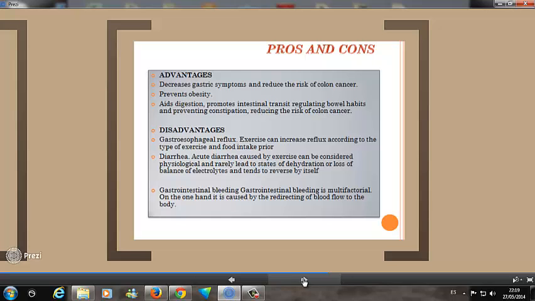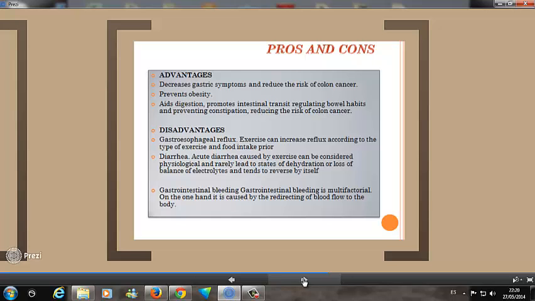Disadvantages: gastroesophageal reflux. Exercise can increase reflux according to the type of exercise and the food intake prior. Diarrhea. Acute diarrhea caused by exercise can be considered physiological and related to dehydration or loss of balance of electrolytes, and tends to reverse by itself.